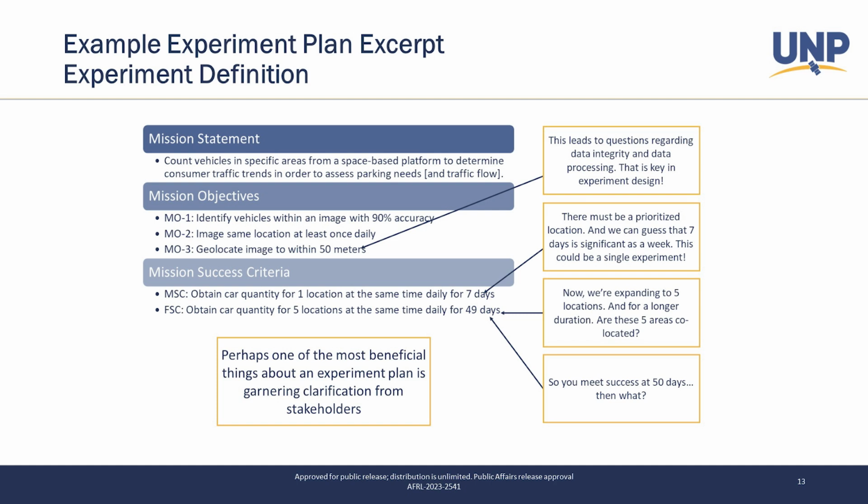If you look at the success criteria, this is where we start to really break down our design element. The first success criteria suggests that there's probably a priority location. And so figuring out what that is and why that is the way it is, is an important part of the stakeholder engagement that is involved in this process.